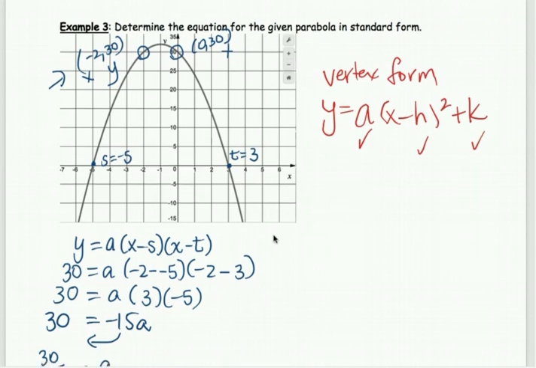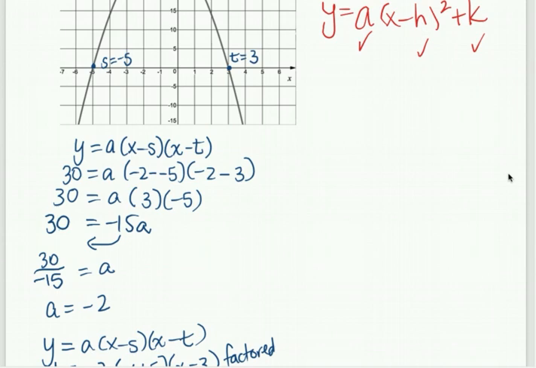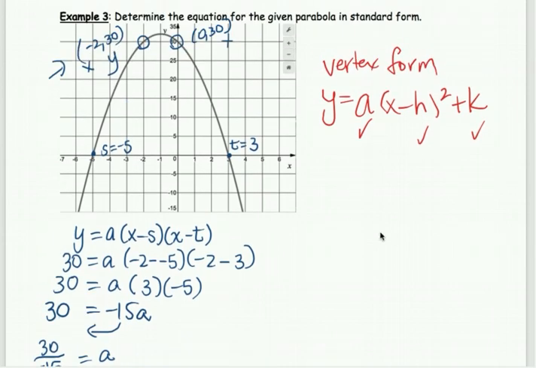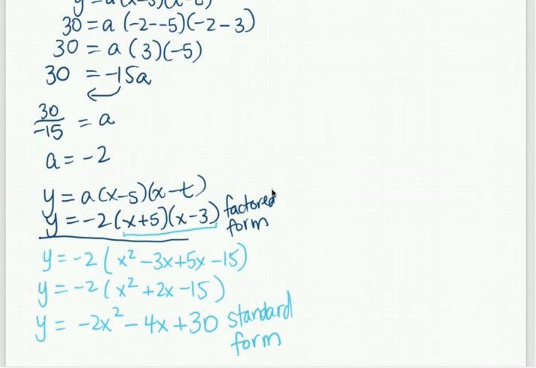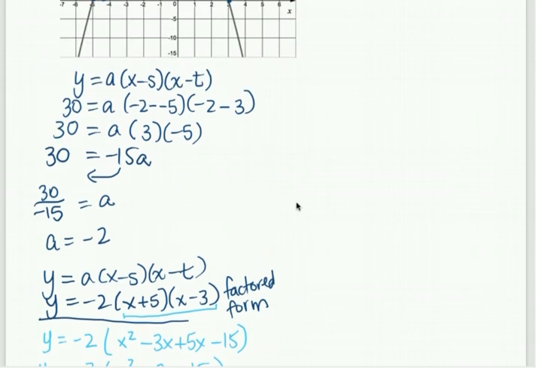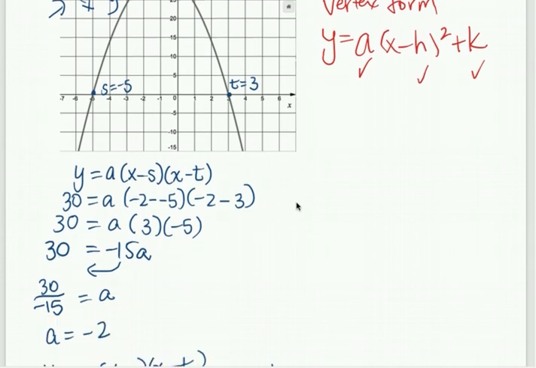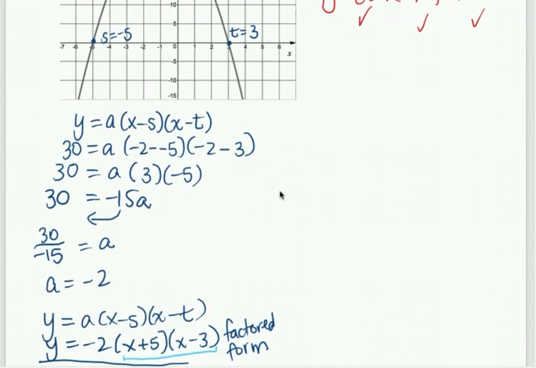You will learn in the next cycle though, if you're a little bit annoyed, like why can't I switch to the vertex form here? You can actually switch from factored to standard to the vertex form, okay? There's just a method there that you will learn, but it'll be in the next cycle. So for now, if you're really good at building the factored form and getting to standard form, great job.